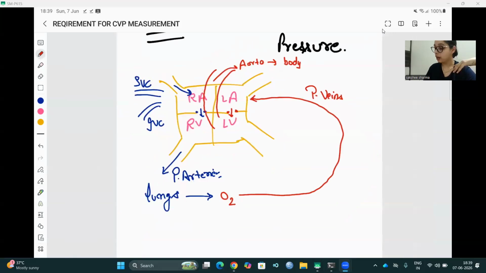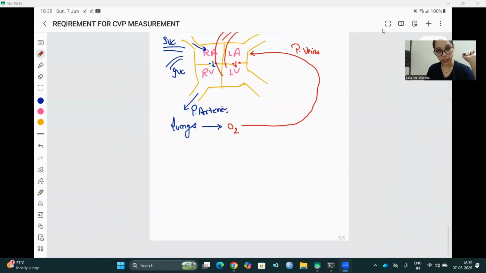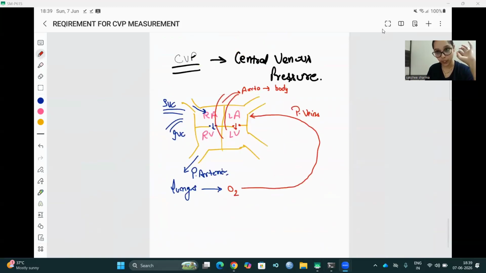Done? Now, central venous pressure is the pressure exerted by the blood on the walls of the right atrium.